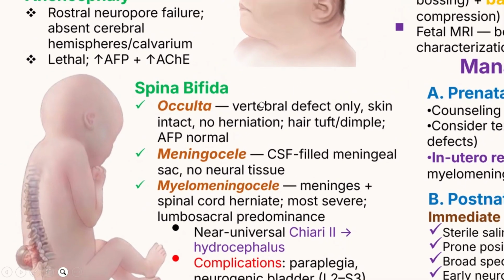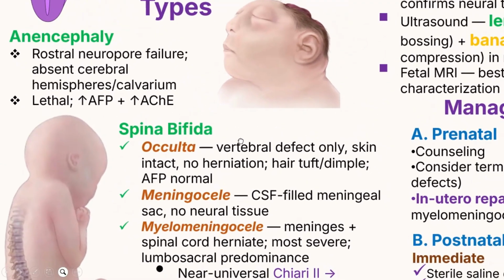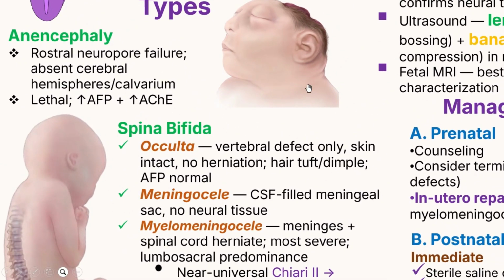Then we have spina bifida now. We have the occulta, which is a vertebral defect. Here we have the formation of the vertebral bones, and we have a defect or opening between the vertebral bones.